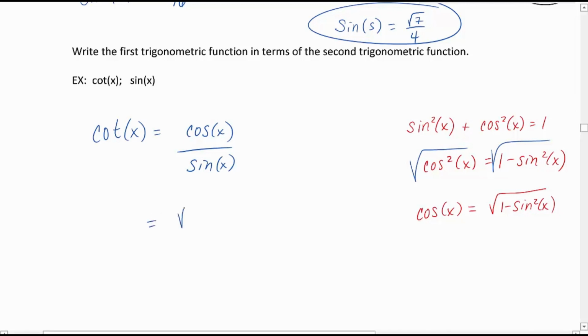So cotangent of x can be rewritten as the square root of 1 minus sine squared x all over sine. It can be tempting to want to simplify that sine squared under the square root, but we cannot do that because there is a plus or minus sign underneath the radical. It might also be tempting to simplify the two signs, but we certainly can't do that either because one's under a radical and one is not.